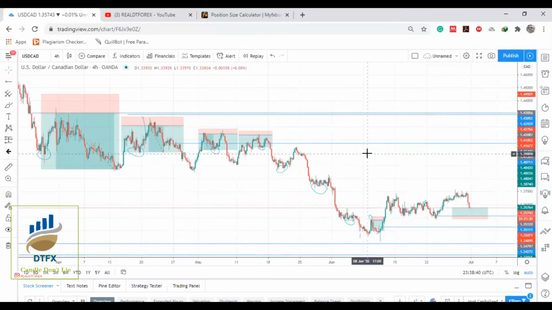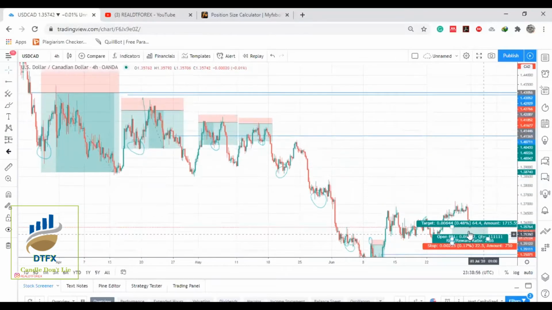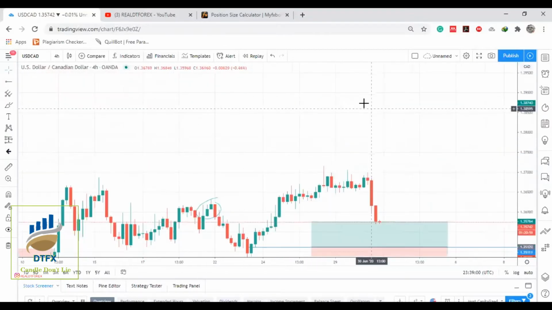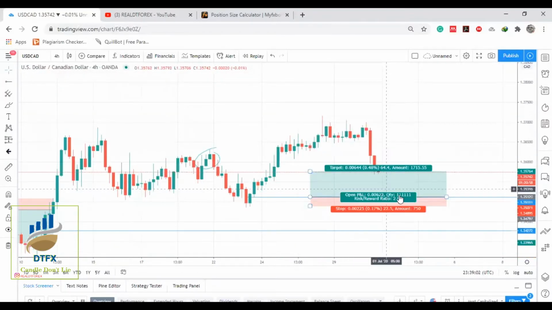Yeah, that's how smart this strategy is, and we're waiting for this to come to our entry so that we can enjoy more of this new trade that we're looking at.